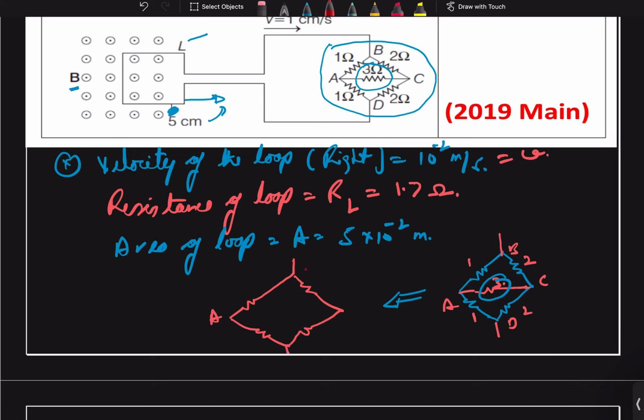Here this is A, B, C and D, and here we have 1, 1, 2 and 2 ohm. Now these two resistances will be in series, the other two will also be in series, and respectively they will be in parallel. So equivalently you can draw it like this. This is B and this is D. The series will come as 2 and this will come as 4. Now these two are parallel and we can easily solve it.